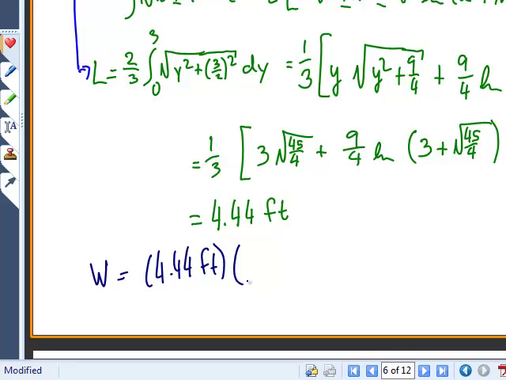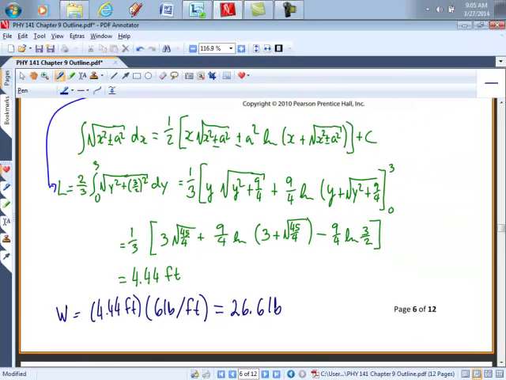And then we had 6 pounds per foot. 26.6 pounds. All right. Now we need to find out where that weight is acting on the rod. So how are we going to find x bar?